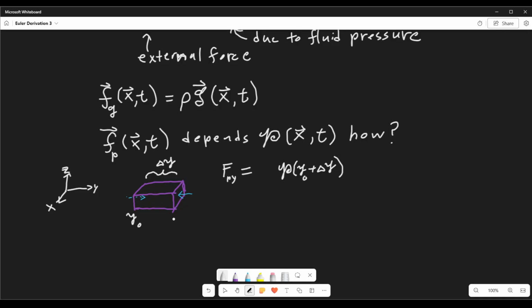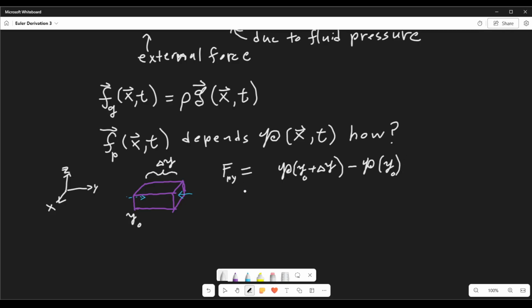So this is looking at the force on this side. And this force is going to have subtracted from it the pressure just at y naught.